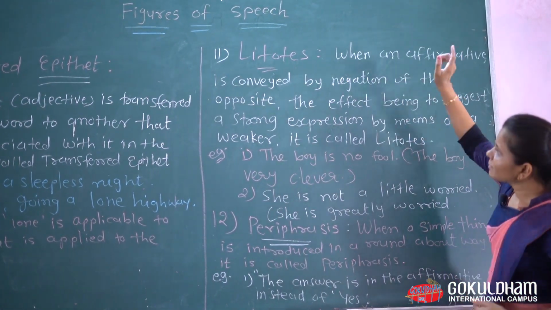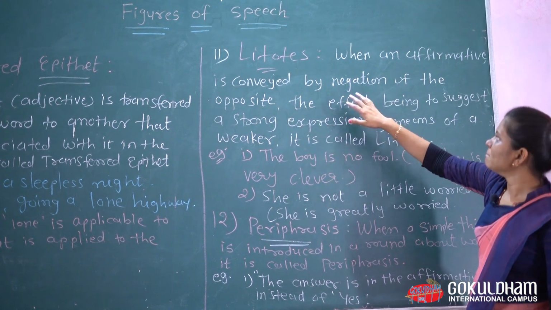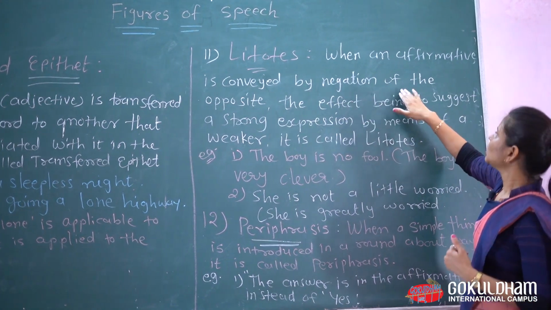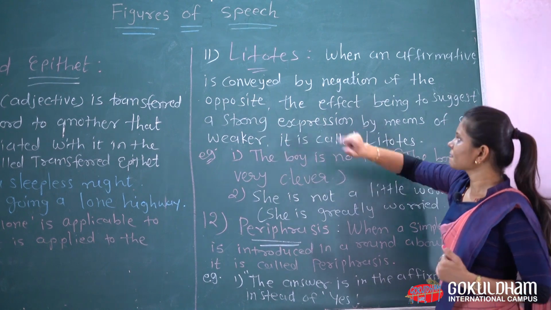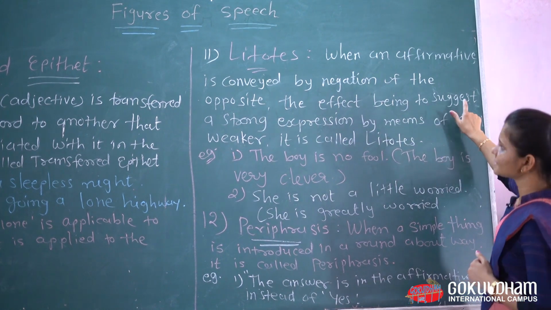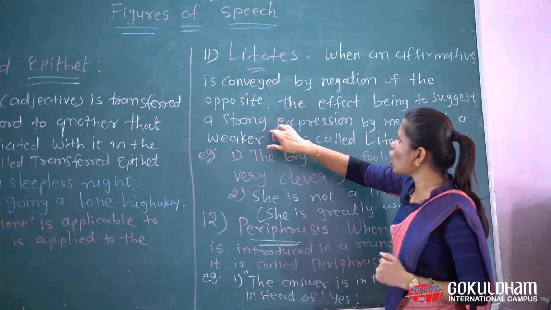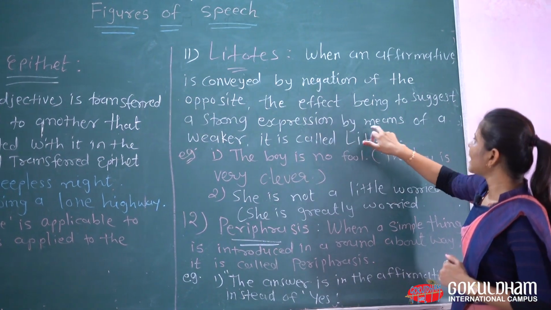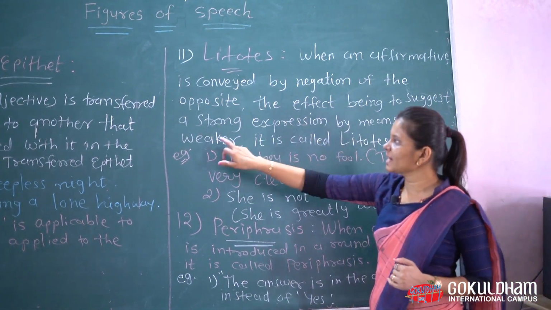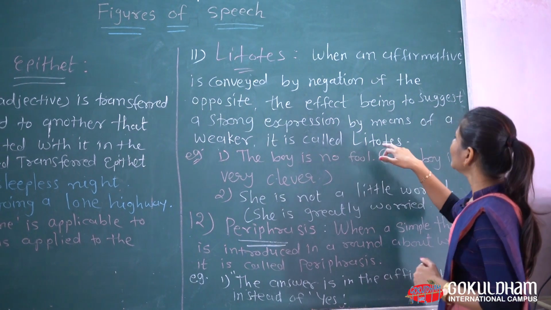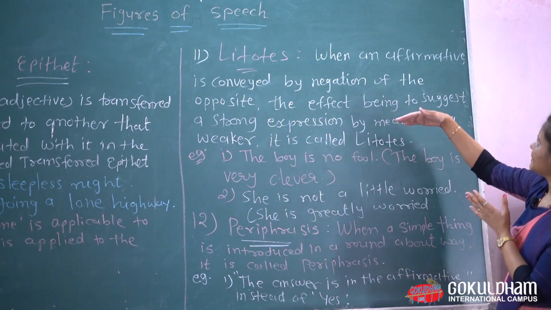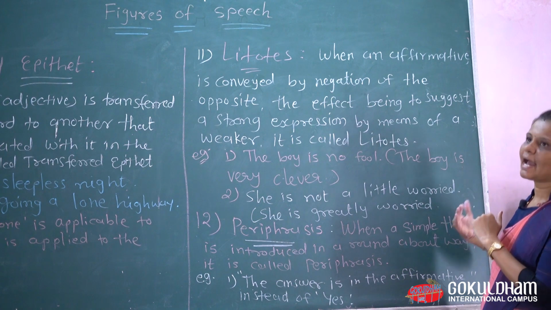When an affirmative is conveyed by negation of the opposite, the effect being to suggest a strong expression by means of a weaker, it is called litotes. Look at it. Affirmative is conveyed by negation.